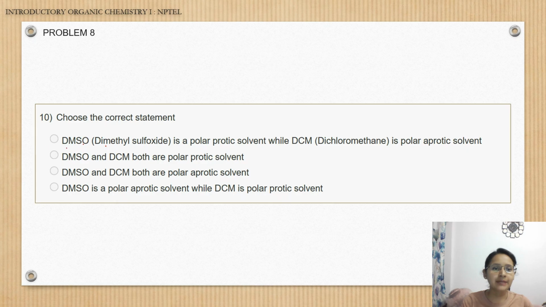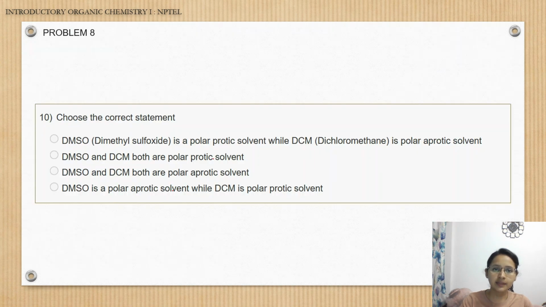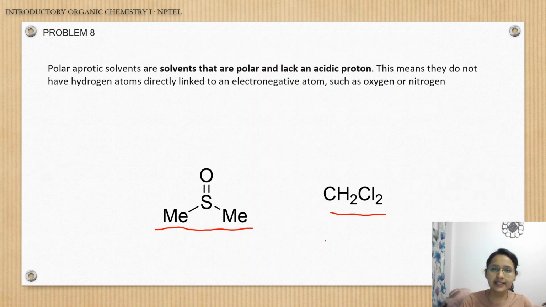They are saying that dimethyl sulfoxide is a polar protic solvent while DCM is a polar aprotic solvent. So this is the structure for both. This is DMSO and this is DCM. Dimethyl sulfoxide and dichloromethane. They are saying that DMSO is a polar protic solvent while DCM is a polar aprotic solvent.